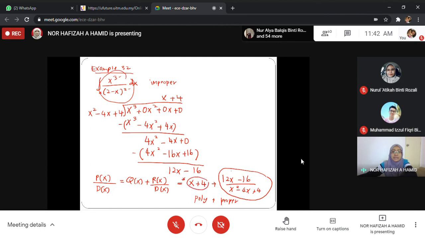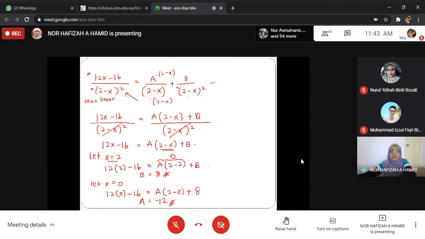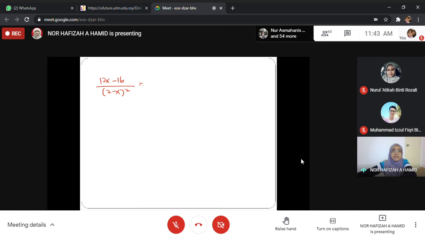I have just solved the proper fraction part, so you need to copy the front part again. Earlier I solved using long division, and the result is the polynomial x plus 4 plus the proper fraction. The proper fraction was 12x minus 16 over 2 minus x to the power of 2. So that equals x plus 4.